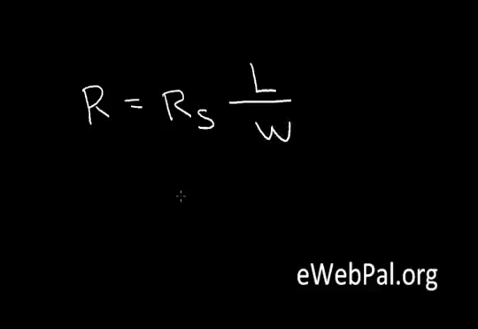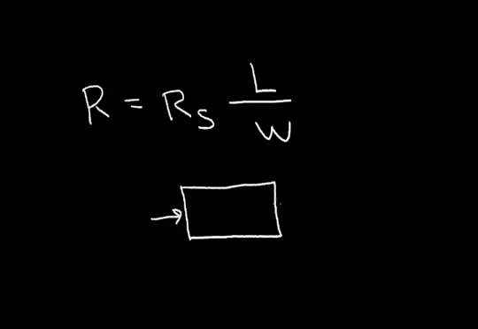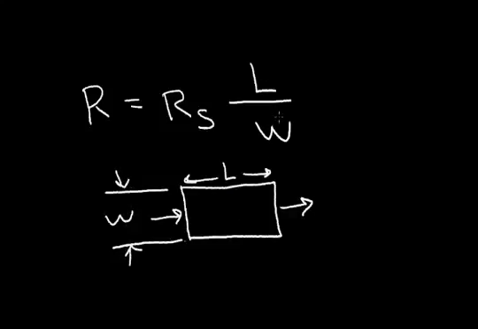So if we have a sheet of material and we have current flowing into that sheet in this direction, which is the direction of the length, and this we define as the width of the sheet, W, and length divided by width becomes the number of squares. For example, here we have about 2 squares.